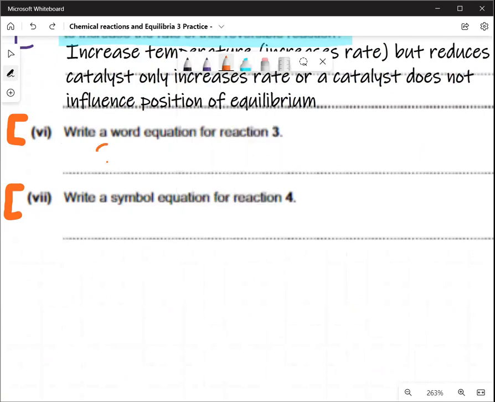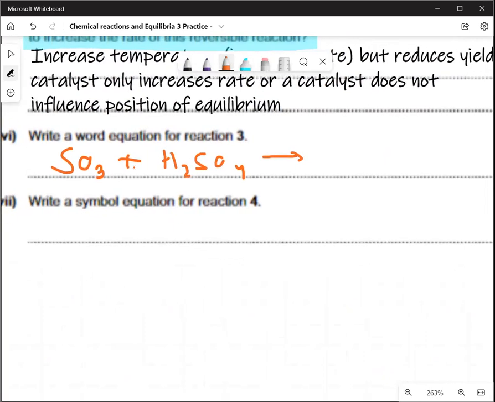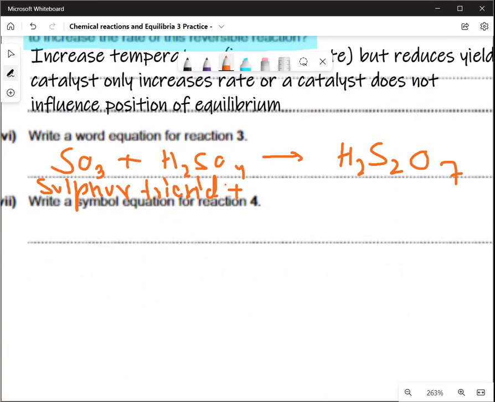So you said SO3 plus H2SO4 gives H2S2O7, but it is a word equation, right? What is the name of SO3? This is sulfur trioxide. You know that. And what is the name of H2SO4? Sulfuric acid. Please write this down right now.